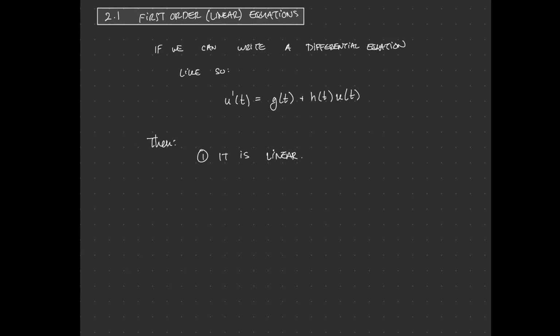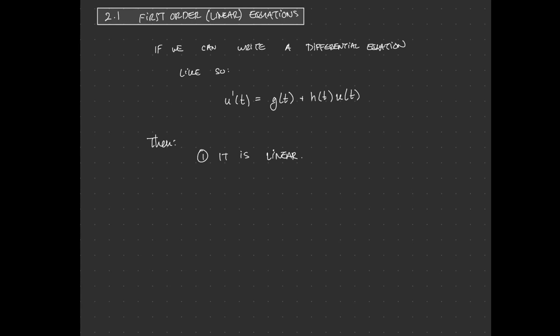And what does linear mean again? It means that our unknown function u only appears in powers of exactly 1, kind of analogous to what you remember from static equations being linear. u only appears with a power of 1.